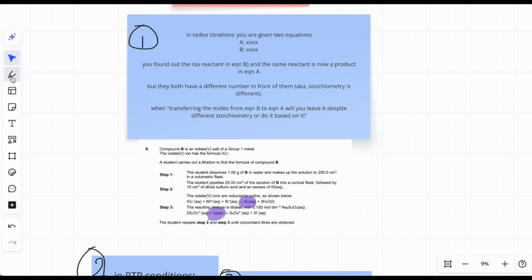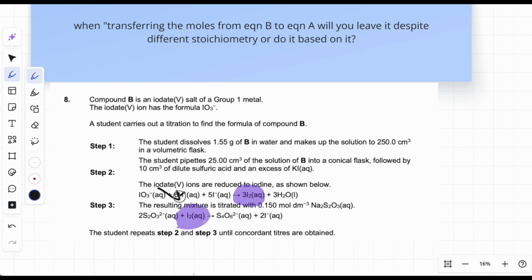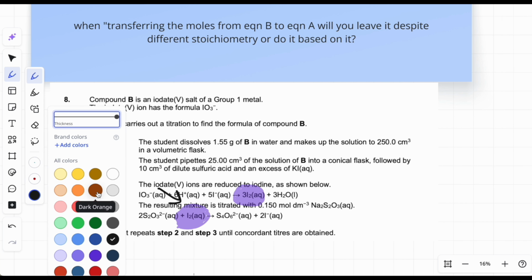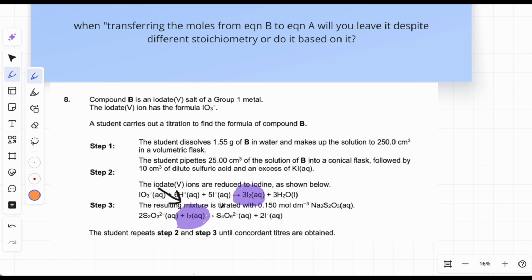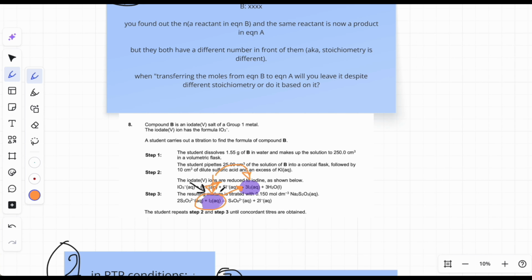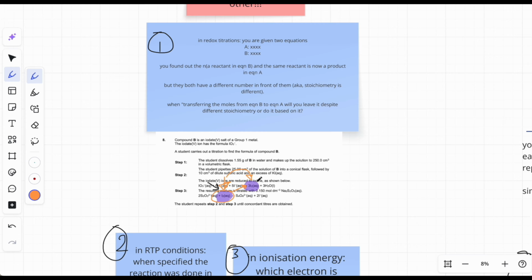If you've worked out the moles of the I2, do you or do you not use the same moles for 3I2? Or would you multiply these moles by 3 to transfer it to 3I2? Do you change it or do you leave it alone?